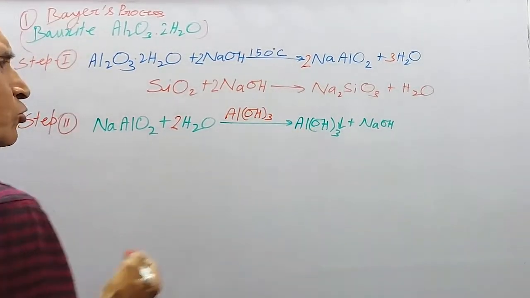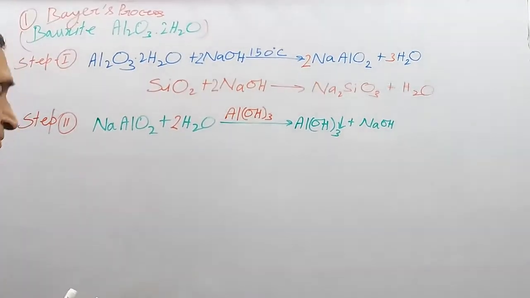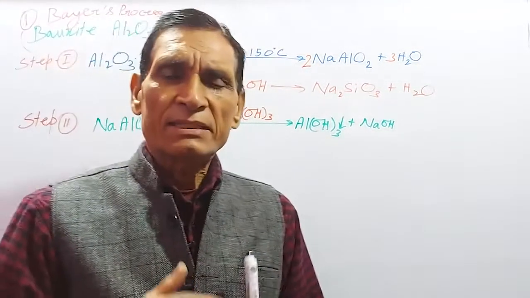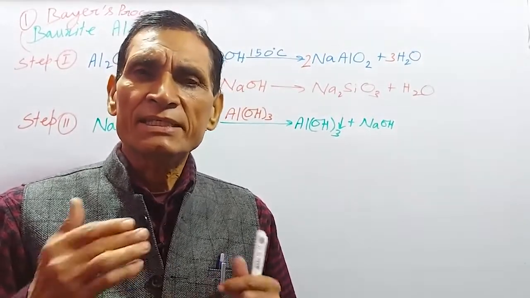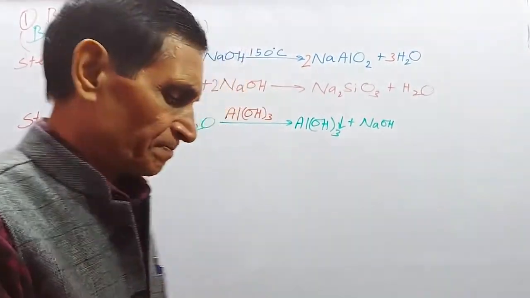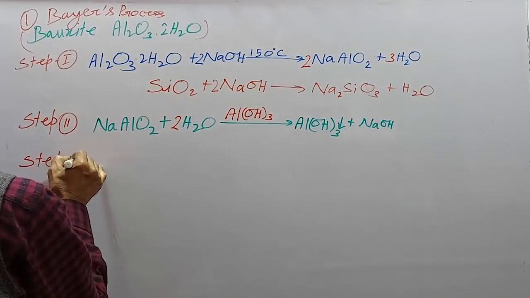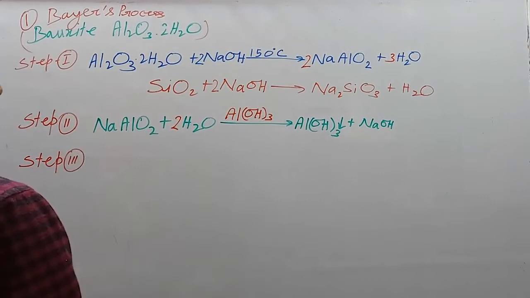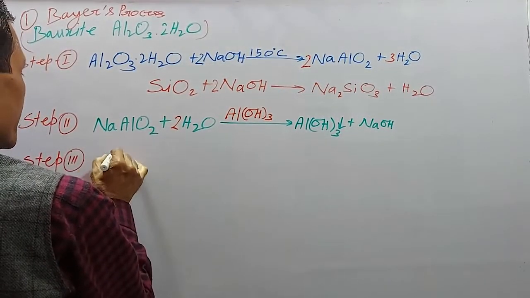This Al(OH)3 is separated in this step by filtration, washed, dried and heated or ignited in the third step. Step 3. This aluminum hydroxide is washed, dried and ignited in this step.